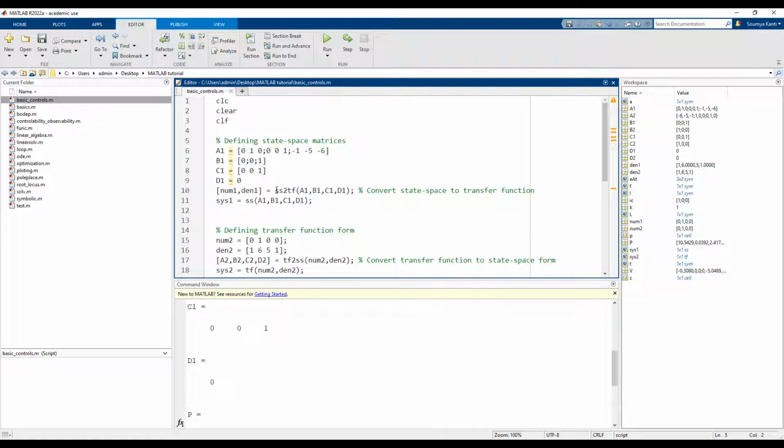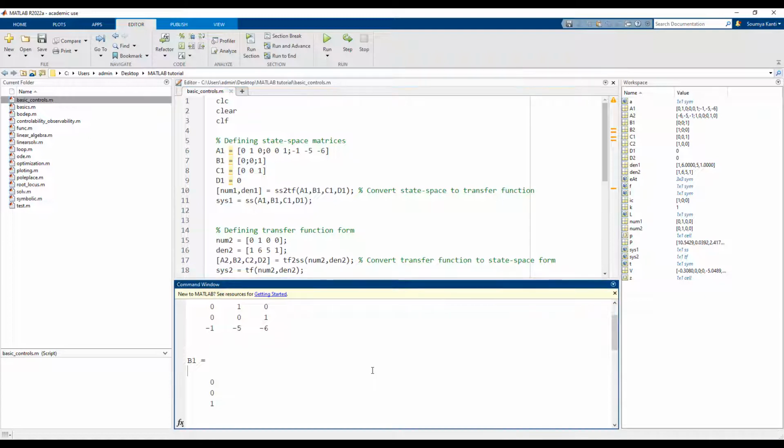You do that with the function ss2tf. You specify the A, B, C, D matrices, and the outputs are the numerator and denominator polynomials of that transfer function. If I look at num1, it is 0 1 0 0, corresponding to s cube, s square, s, then 1.